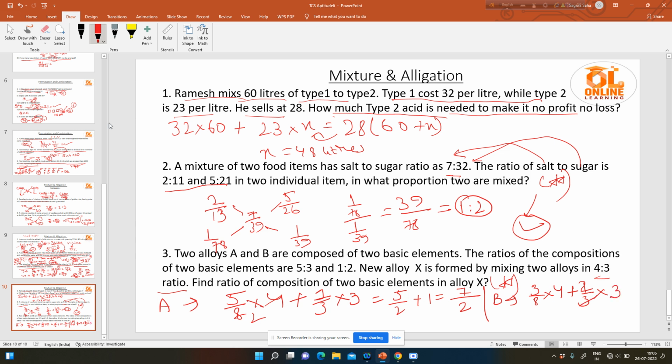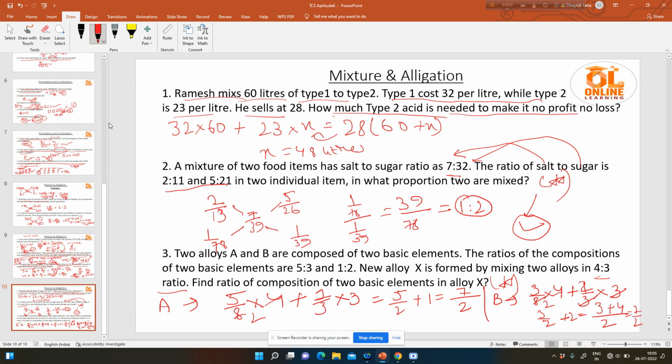So if we cancel, 3 by 2 plus 2, so 3 plus 4, that would be 7 by 2.